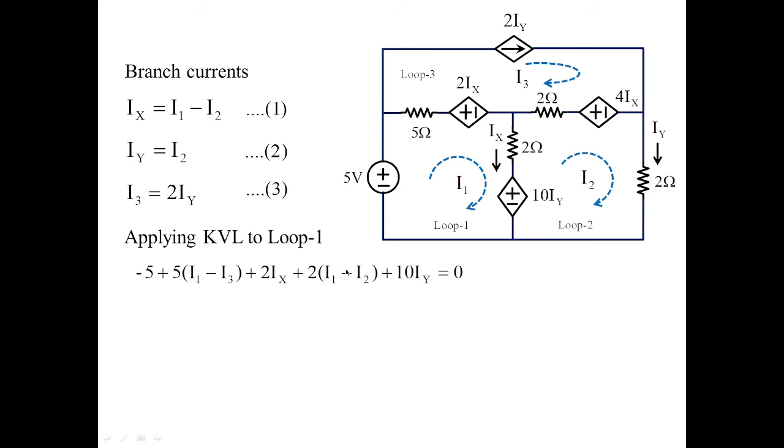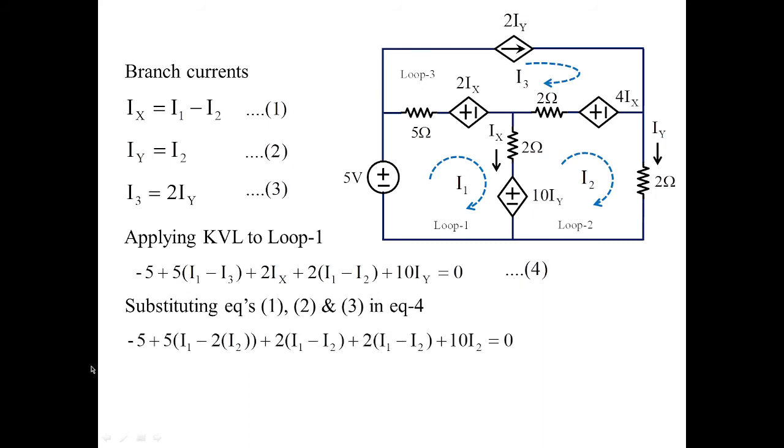This is the equation we have framed using Kirchhoff's voltage law. Then we substitute equations 1, 2 and 3 in equation 4, and we get 9I1 minus 4I2 equal to 5. This is equation 5, one equation of the mesh analysis.